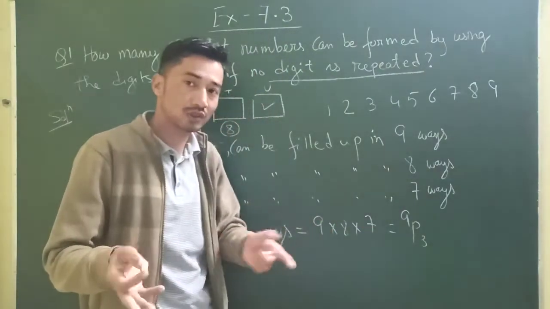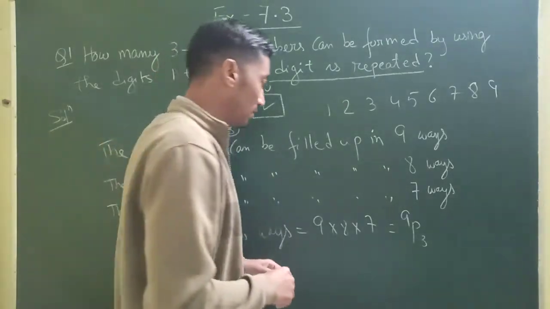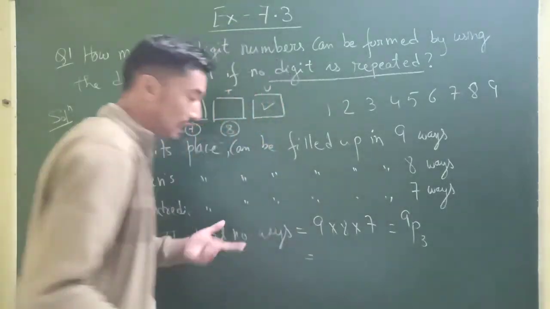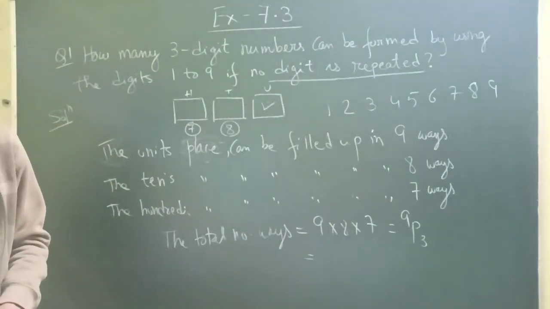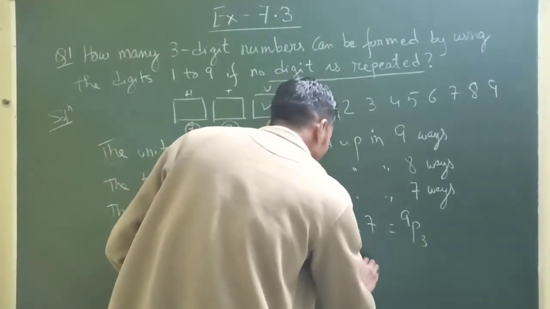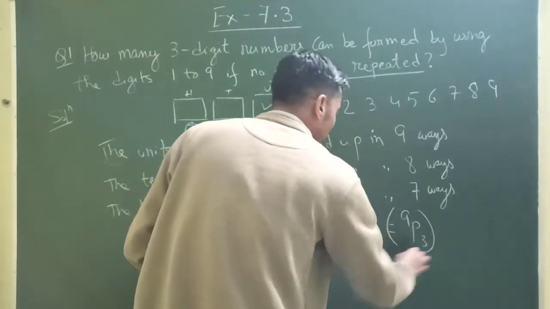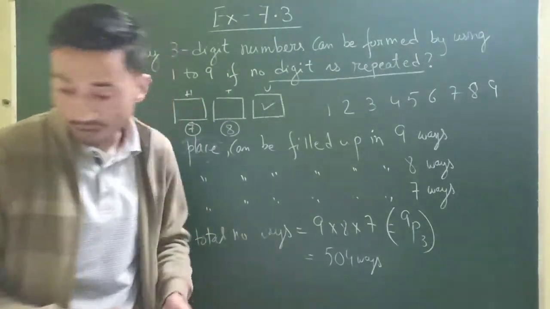Of course, I'll be giving you a shortcut by the end of this video, so stay tuned. The value of 9 into 8 into 7 is of course going to be 504 ways. That is equivalent to 9P3 ways. You'll be getting the same answer there also.